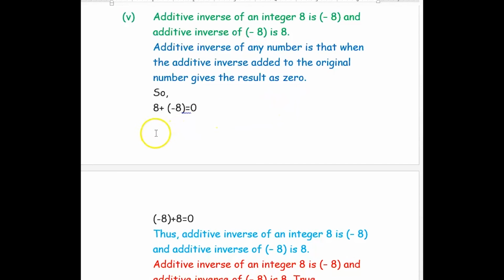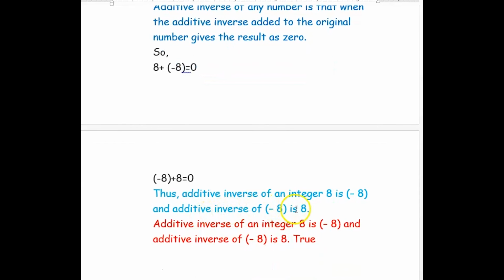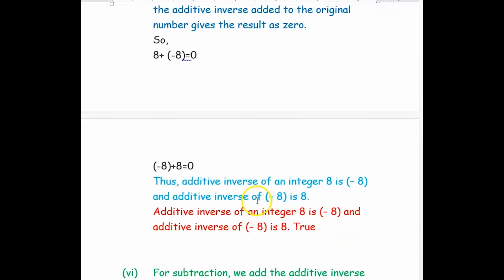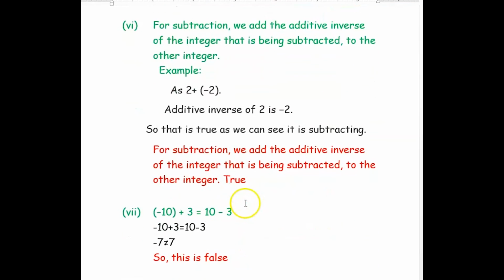Here it's given that the additive inverse of an integer 8 is negative 8. So 8 plus negative 8 is 0. And the additive inverse of negative 8 is 8, since negative 8 plus 8 is 0. Thus the additive inverse of integer 8 is negative 8 and the additive inverse of negative 8 is 8. So this statement is true.